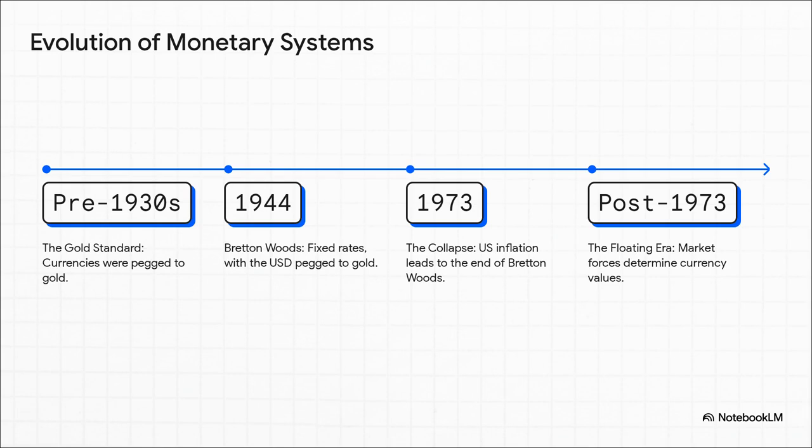Then, after World War II, the Bretton Woods Agreement created a new order, pegging all the world's currencies to the US dollar, which was then convertible to gold. But that system blew up in the early 1970s, which kicked off the more volatile, floating era that we live in today, where market forces pretty much decide a currency's value.